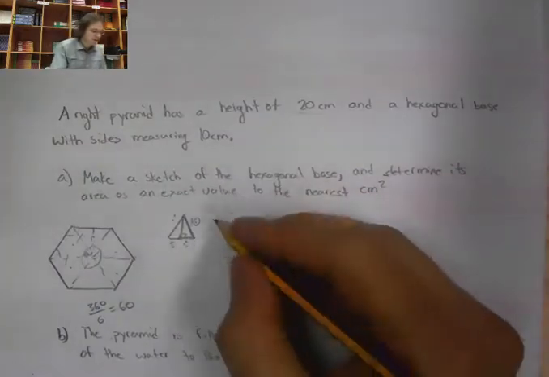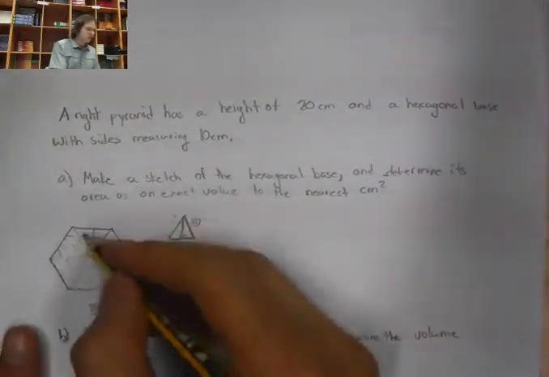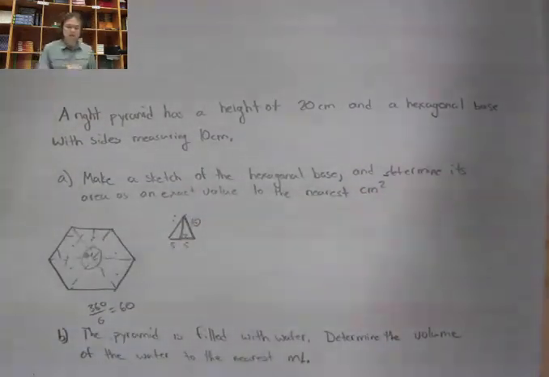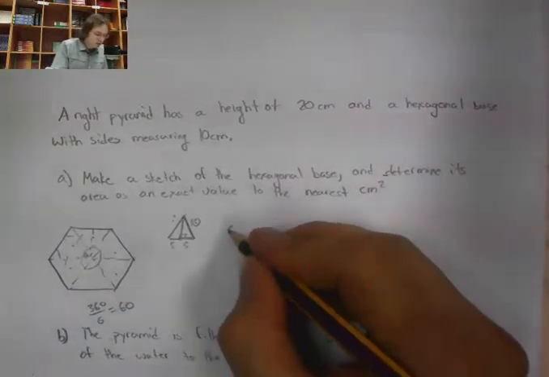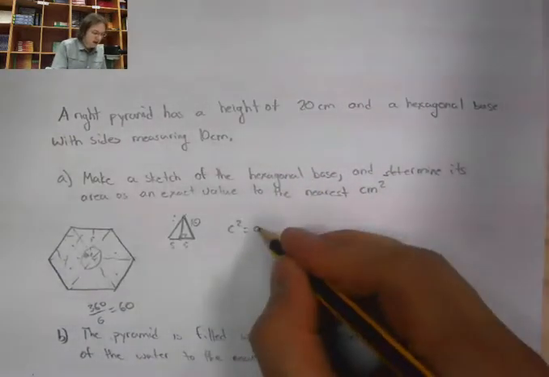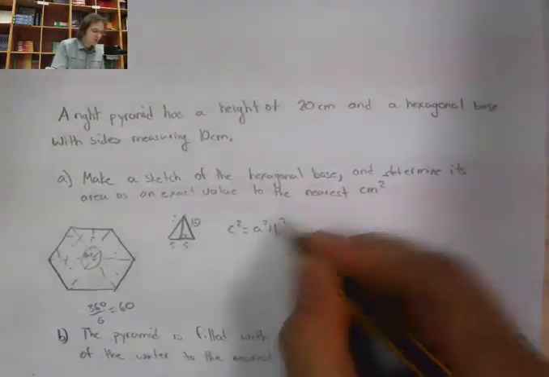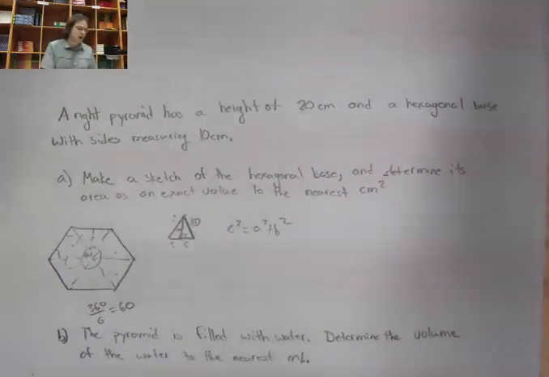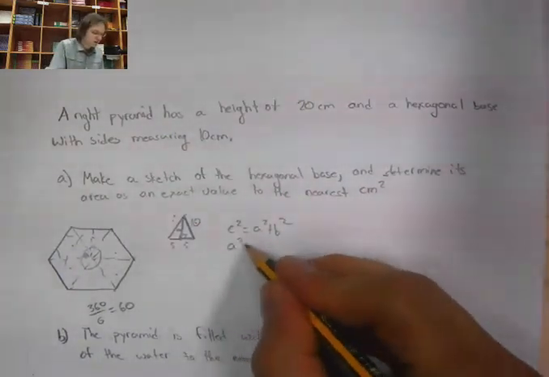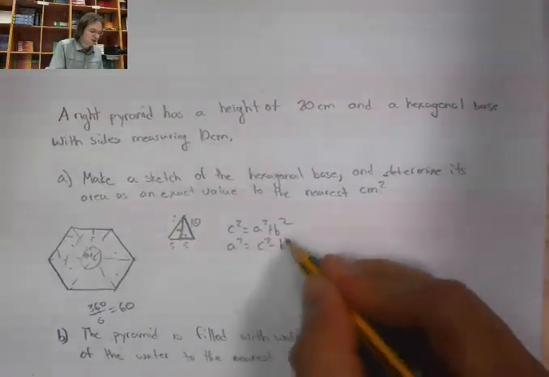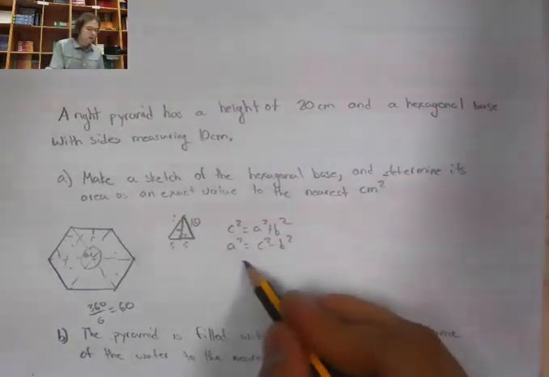So let's do that, because that will help us solve for the area of my base. So we're going to have c squared is equal to a squared plus b squared. In this case, we're trying to find one of the legs, so a. So I have a squared is equal to c squared minus b squared. Okay? I'm going to continue this.